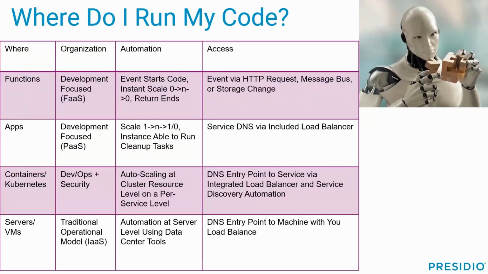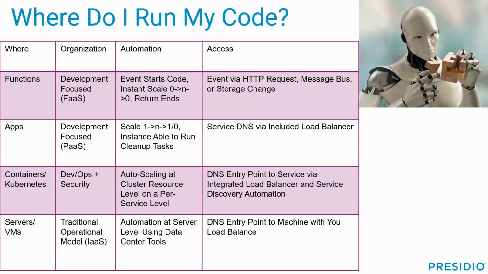All right. Let's talk about the organization that you would want to use these things for and the level of automation and access you have at each layer. So if we start at the bottom again, we have our traditional infrastructure. The teams we talked to today, these are our usual model where we have infrastructure laid out in servers and storage, or infrastructure as a service, where our organization is very traditional. So we have a development team usually, and then over here we have the operations team.